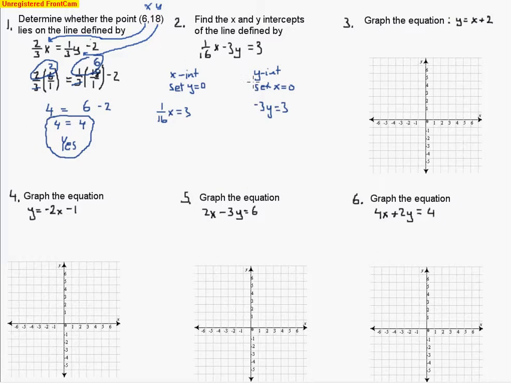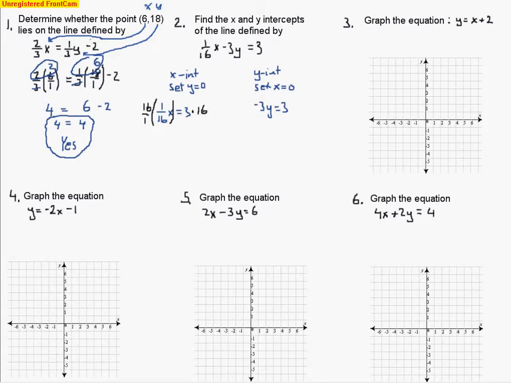You can see how you're coming up with 2 different answers, and there are 2 different intercepts that we'll graph later on. But for right now, we just need to get rid of the coefficient in front of the x term and the one in front of the y. Whenever you've got a fraction as a coefficient, you can multiply by the reciprocal, and that's what I did over here.